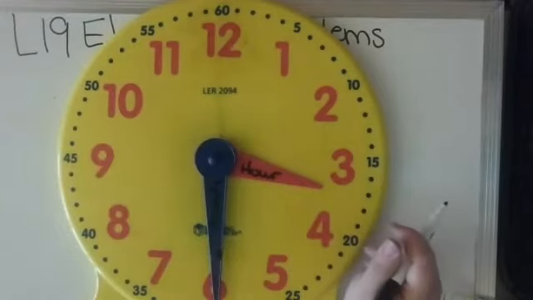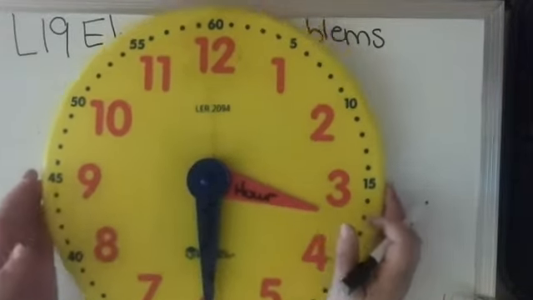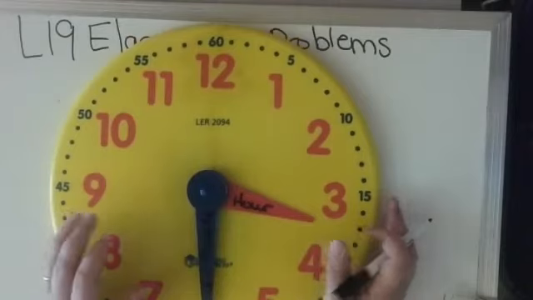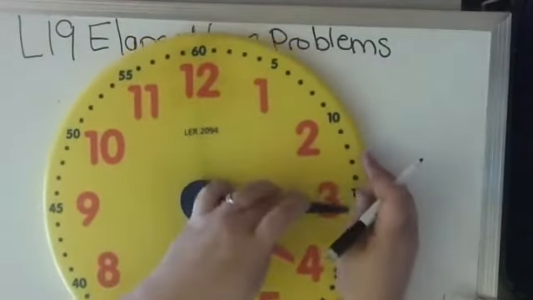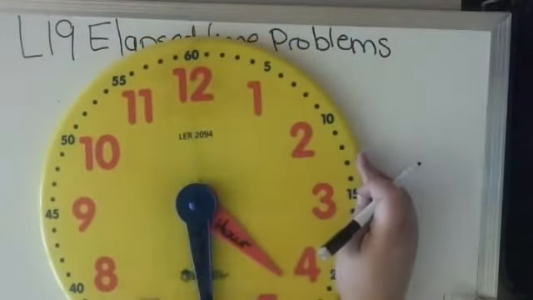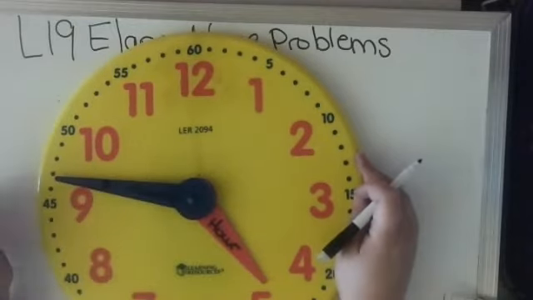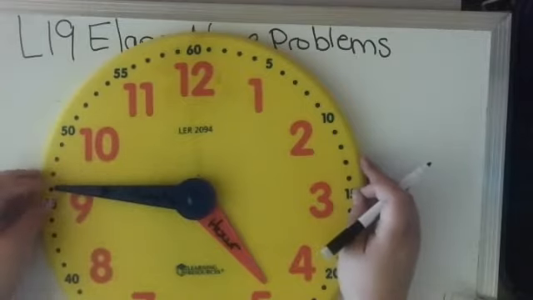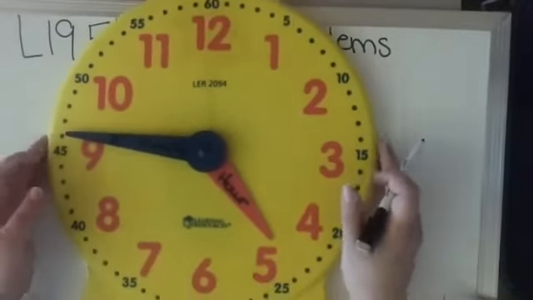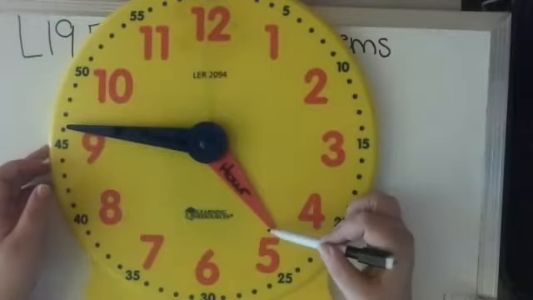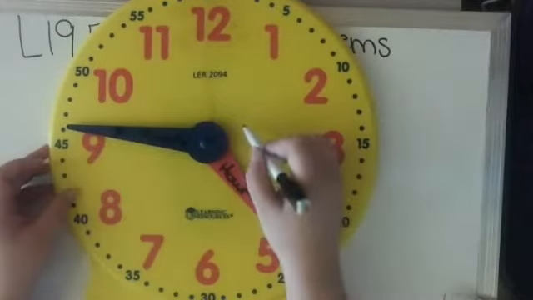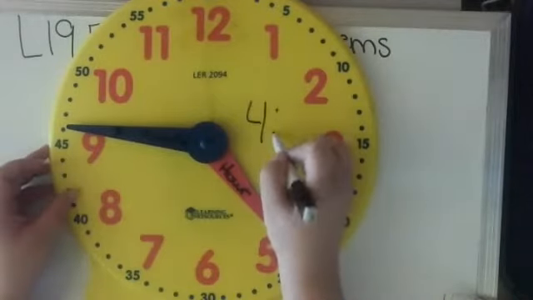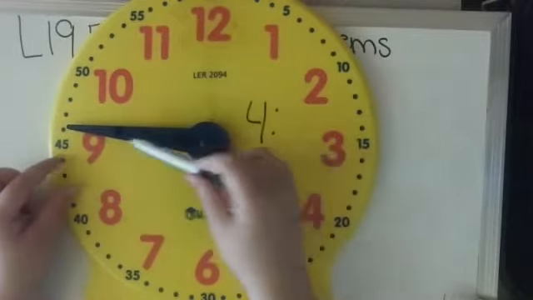So if the clock shows this time, what time is it? I would look at this and say, okay, it is not yet at 5, which means it is 4 something. It is 4, okay, blue number.